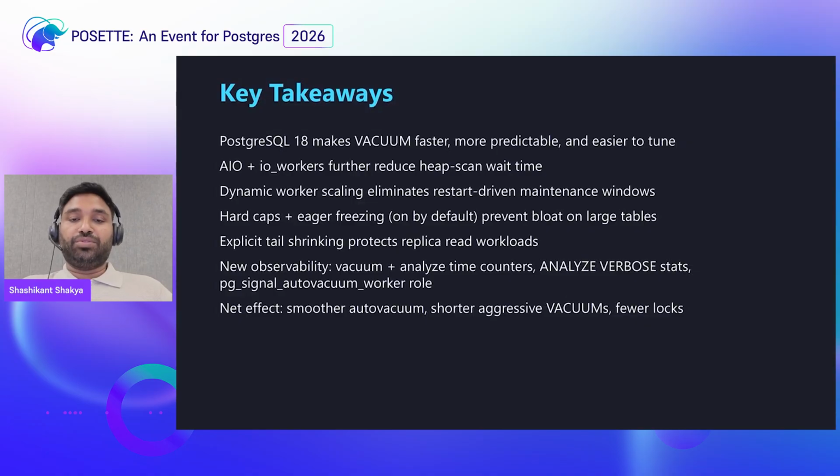Earlier you had to deal with the maintenance window and taking restarts to do it. Hard caps and eager freezing are enabled by default, and explicit tail shrinking now has better control. And you have better observability. So the net effect is that you get a smoother autovacuum, shorter aggressive vacuums, and fewer locks for your application workloads.